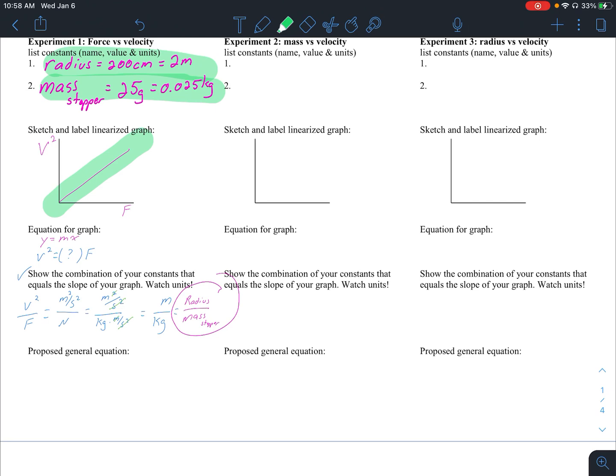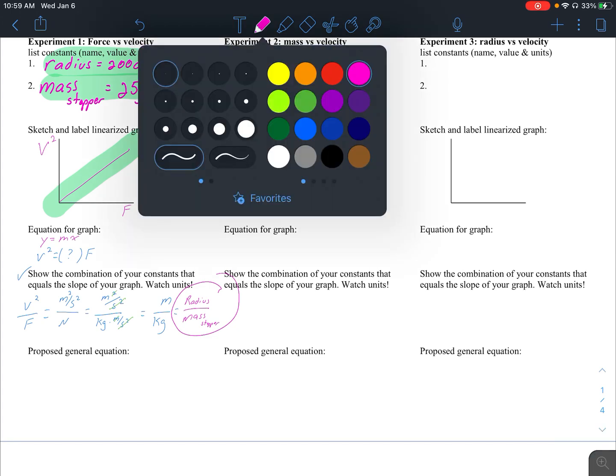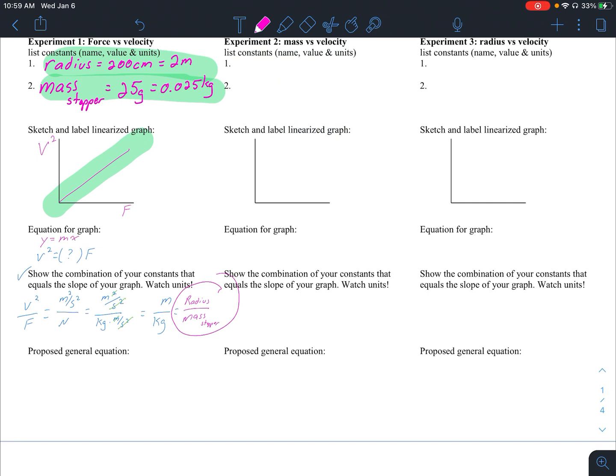So going into our proposed general equation, usually this comes about after we do experiments 2 and 3, but I'm going to go ahead and do it now, just to help you guys out. Those highlights annoyed me.